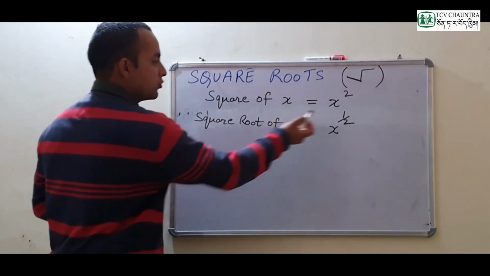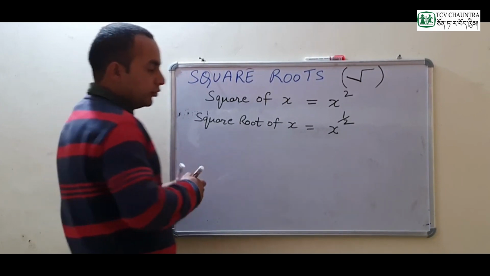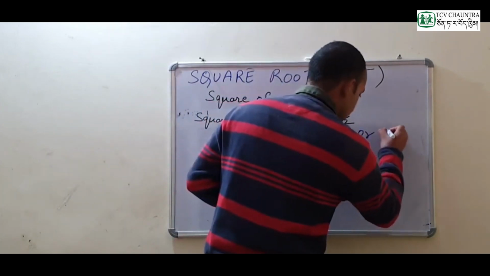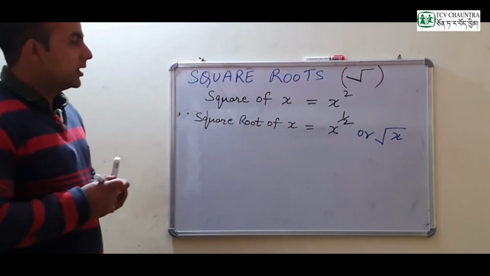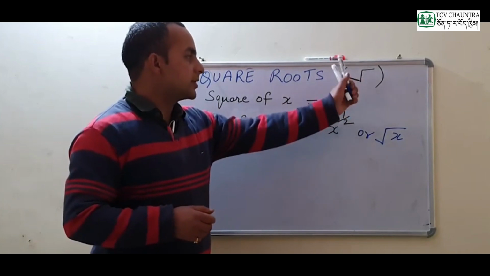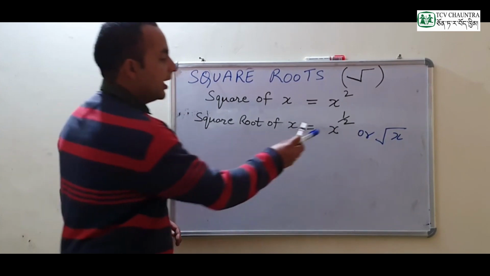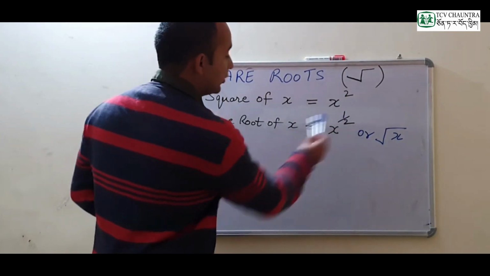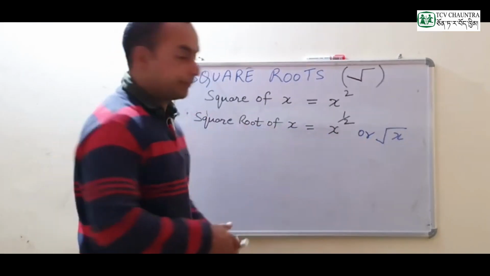This is the square root of x. You can write it also like this. The radical sign is equal to an exponent of 1 by 2, which means x raised to the power 1 by 2.